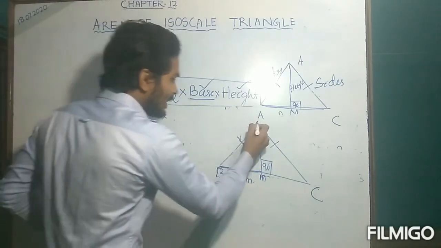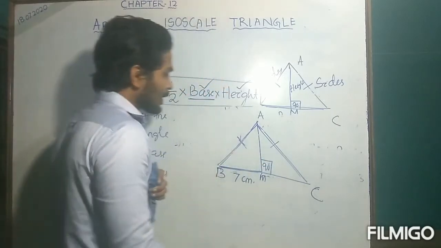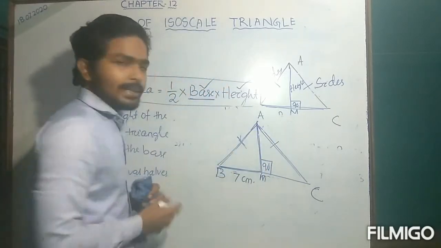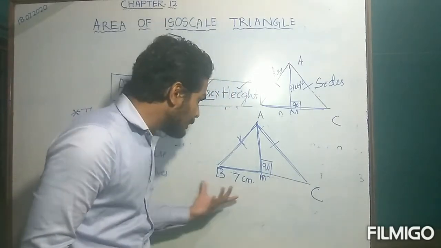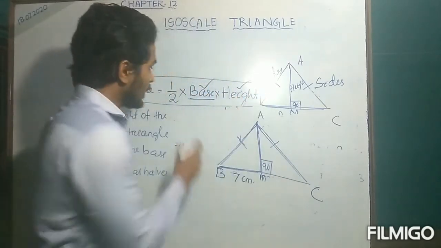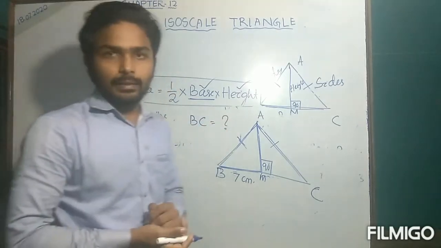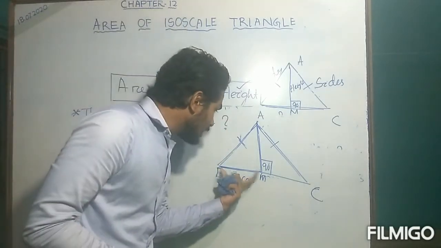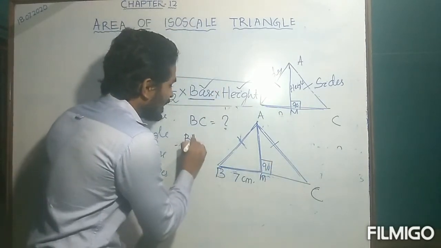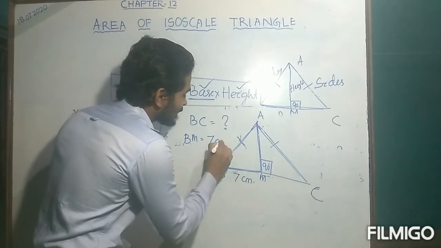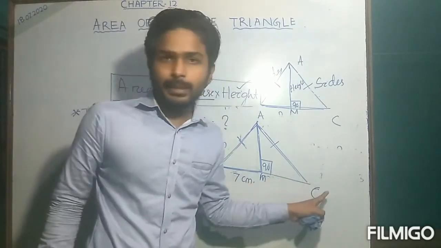Here it is given that AB is equal to AC, because it is an isosceles triangle. AM is the perpendicular height, or simply height, and the base BC is not given here. BC we are asked to find. Here BM is given, that is 7 cm. But we need to find the total base BC.